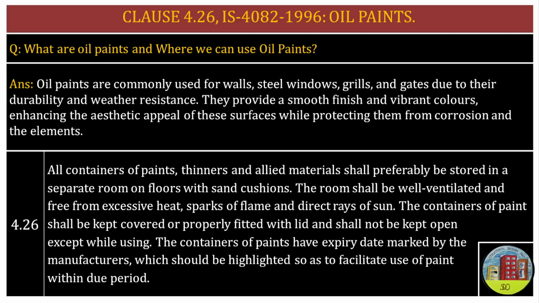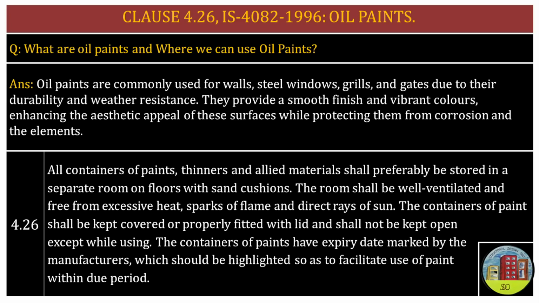4.26. All containers of paint, thinner, and oil material are preferably stored in a separate room on floor with sand cushion. The room shall be well ventilated and free from excessive heat, sparks of flame, and direct rays of sun.